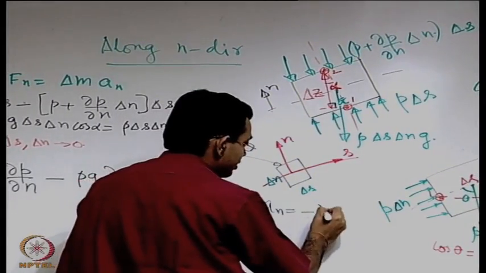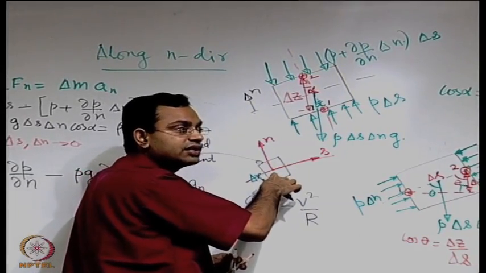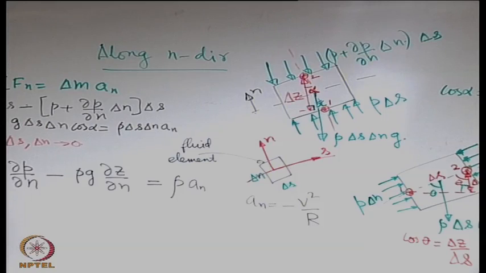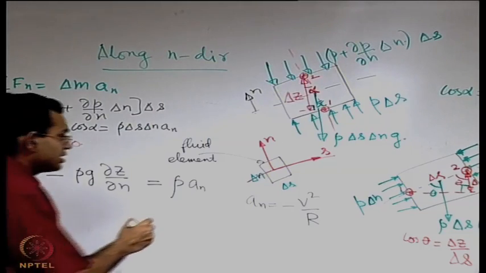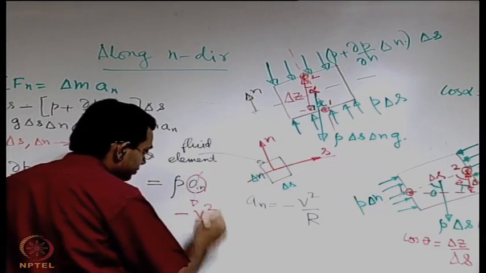So, minus v square by r. What is r? R is the local radius of curvature of the streamline at that point where we are considering the fluid element. So the very important distinction between the tangential and the normal components comes through this description of the acceleration. So this will now become minus v square by r.